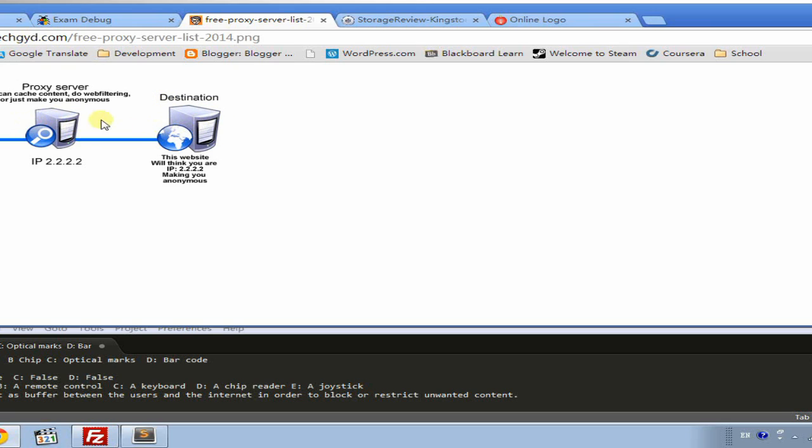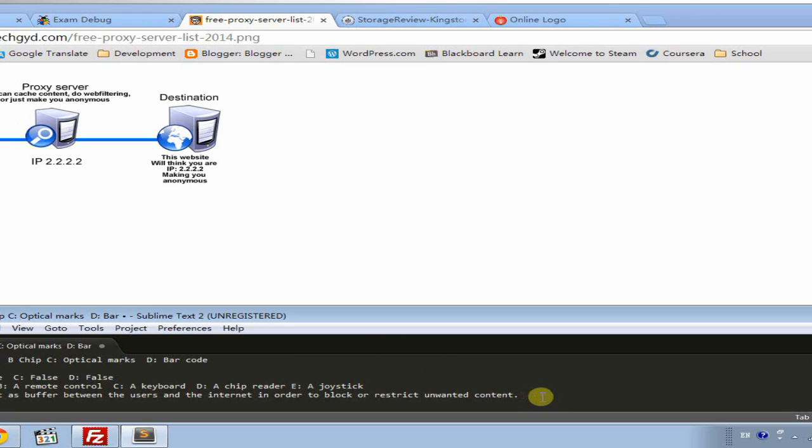So rather than send 50 requests, it could just request it once and then send the cached version. We can also use it for caching common web pages to speed up requests.